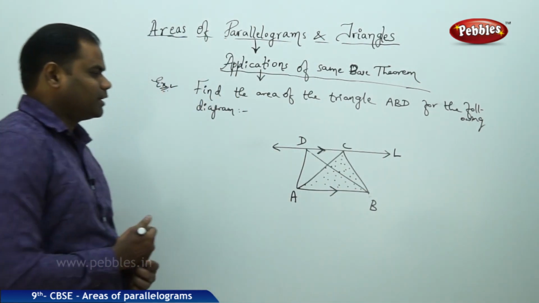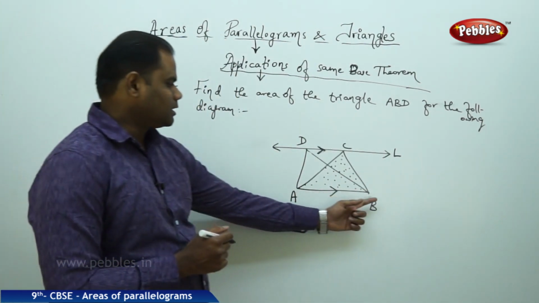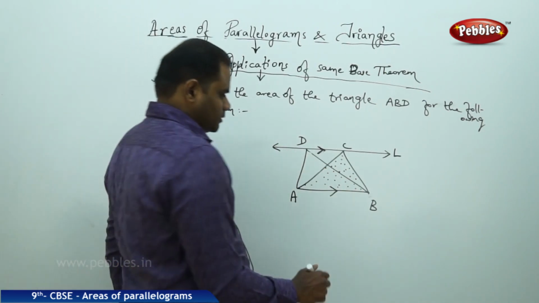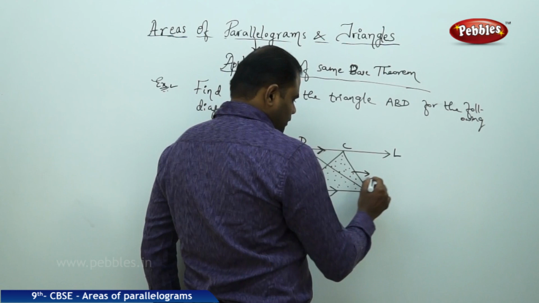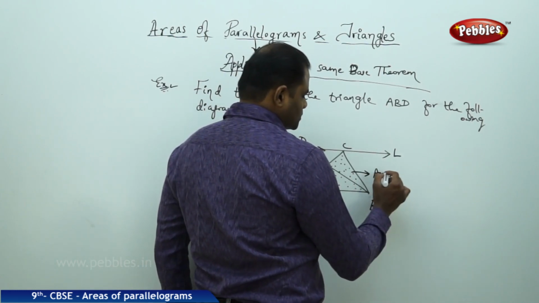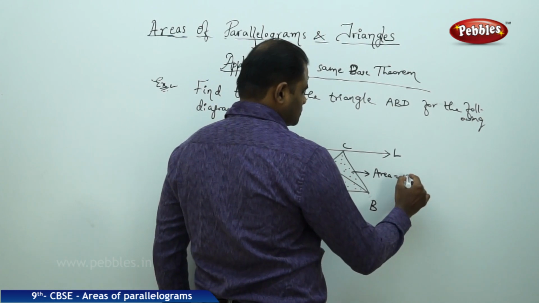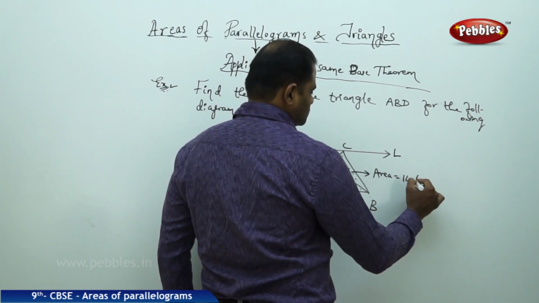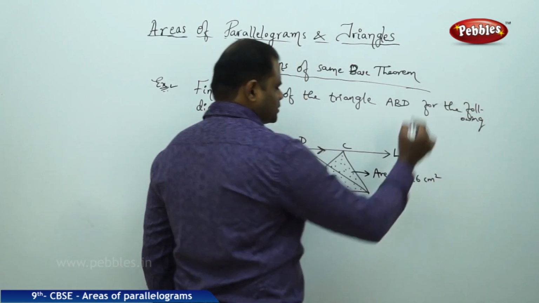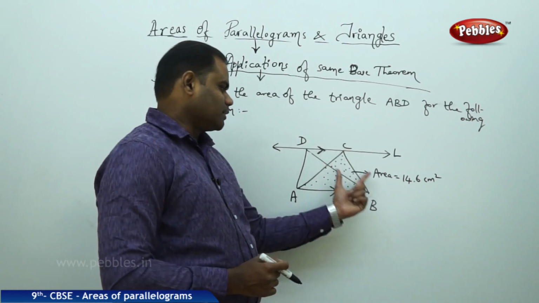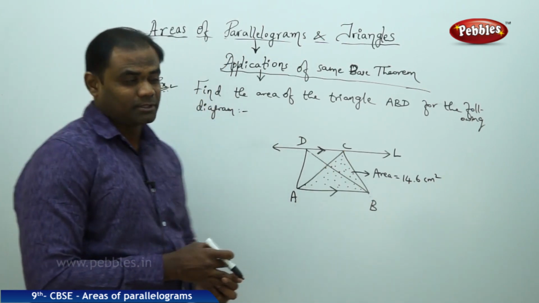Now here I have to find the area of triangle ABD as clearly seen in the diagram. It is given with the area of the triangle with the dotted region. Now the area of triangle ABC is given to be 14.6 centimeters square.